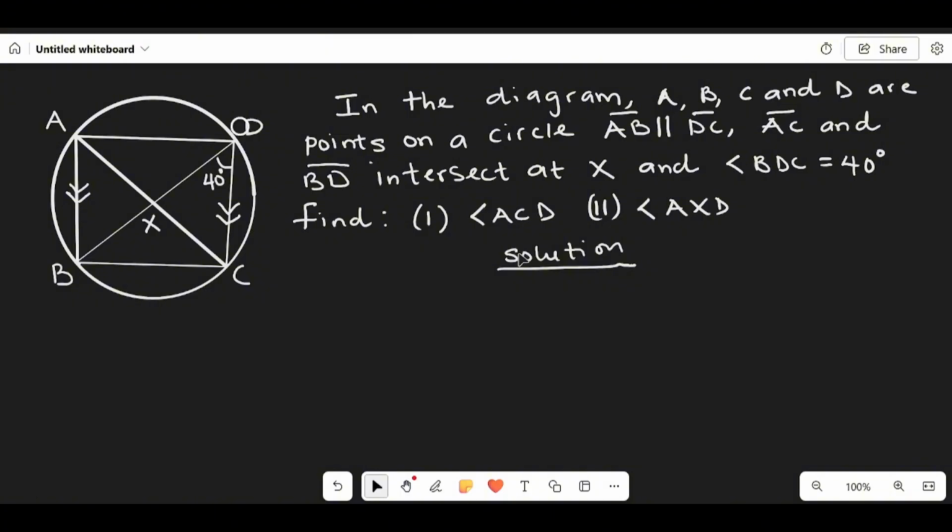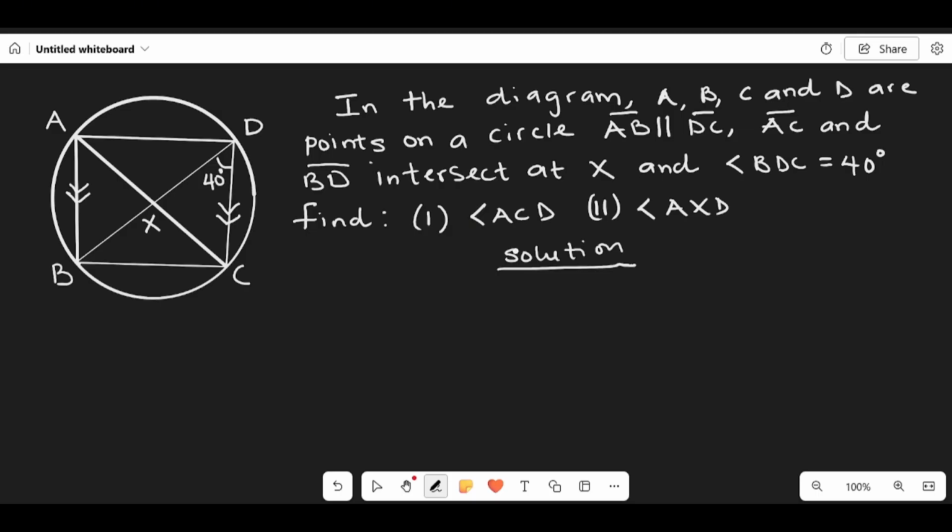So our angle DBA is equal to our angle BDC, because they are alternate angles, and alternate angles are equal to each other.